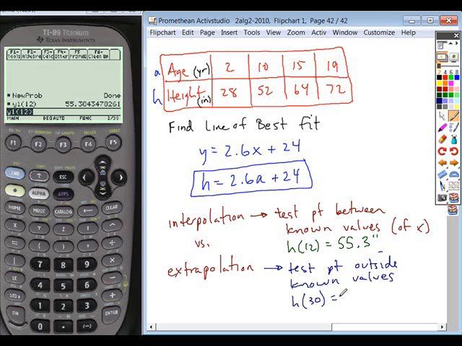How would you evaluate that on your calculator? It's pretty easy, right? You just plug in a 30 here. Okay, 102.3 approximately inches. Now, would that make sense?